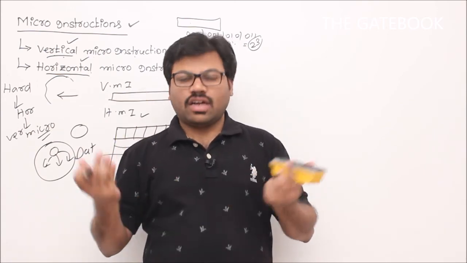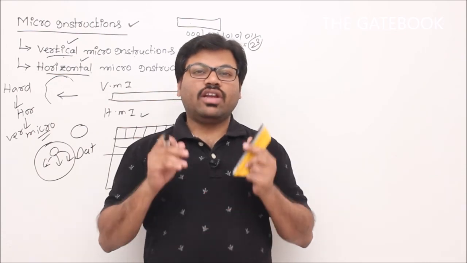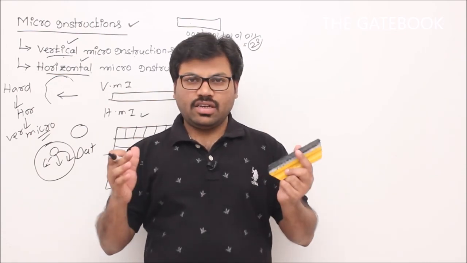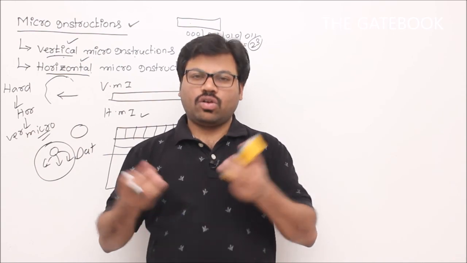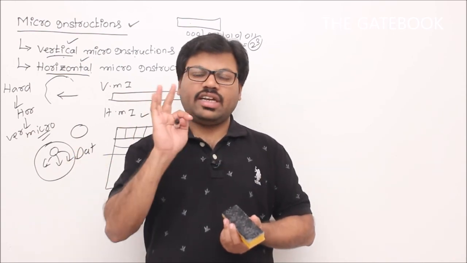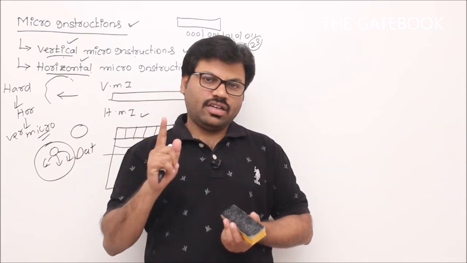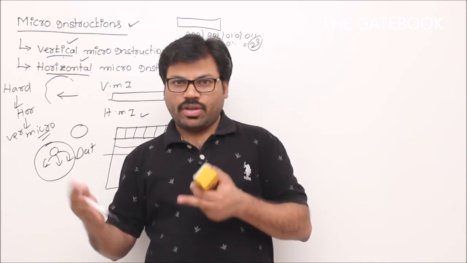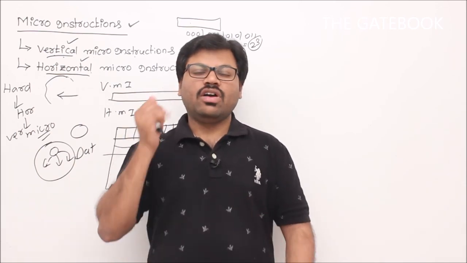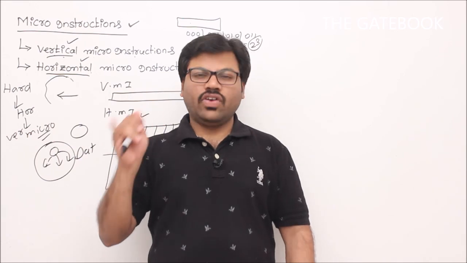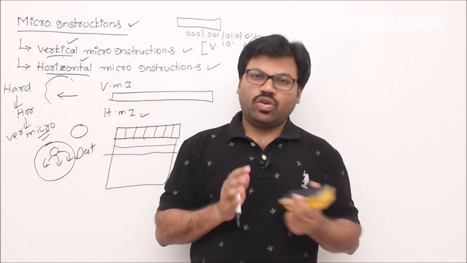But how to generate the control signals, for that we learned control unit design. Control unit is going to generate control signals. We can do it with three techniques. One is hardwired, second is microprogramming. In microprogramming we have horizontal and vertical.